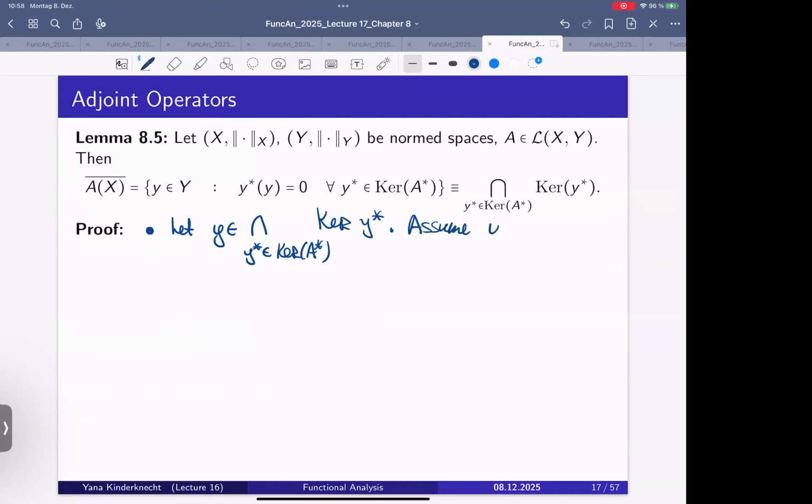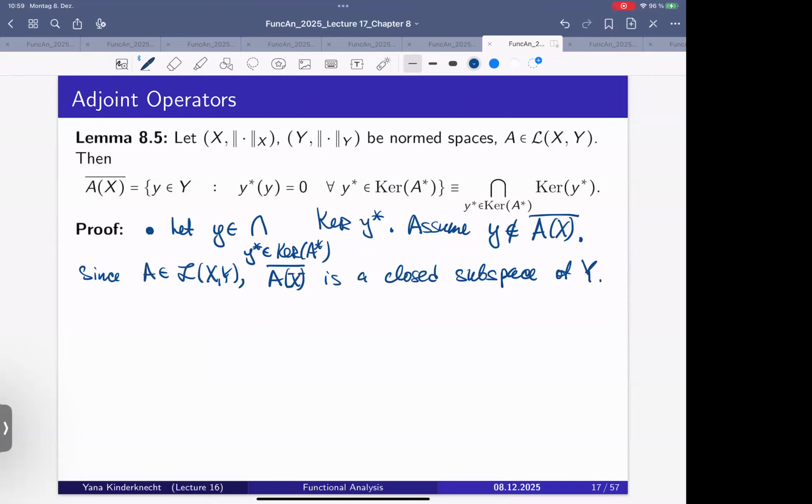Recall that A is a bounded continuous operator from X to Y. So the closure of A of X is a closed subspace of Y. I mean, here actually we don't need the boundedness.